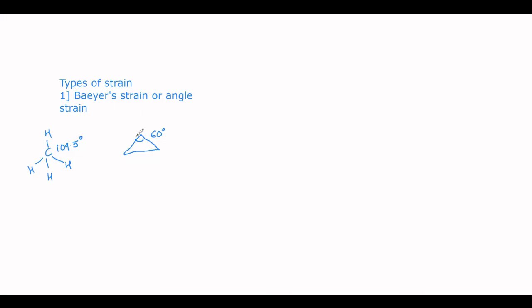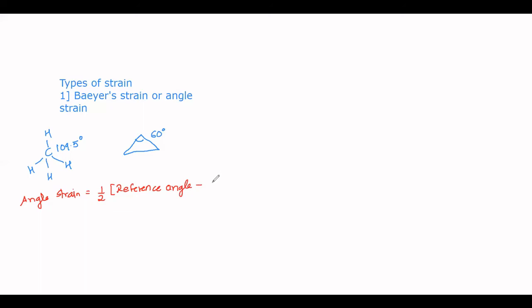So the angle is deviated from the normal expected angle, and because of this deviation, there is some strain in the ring. How to calculate that strain in the ring? For that, we have a formula. The formula says the angle strain is equal to half into the reference angle minus alpha. I call it a reference angle because here we have considered the carbon in sp3 hybridization.